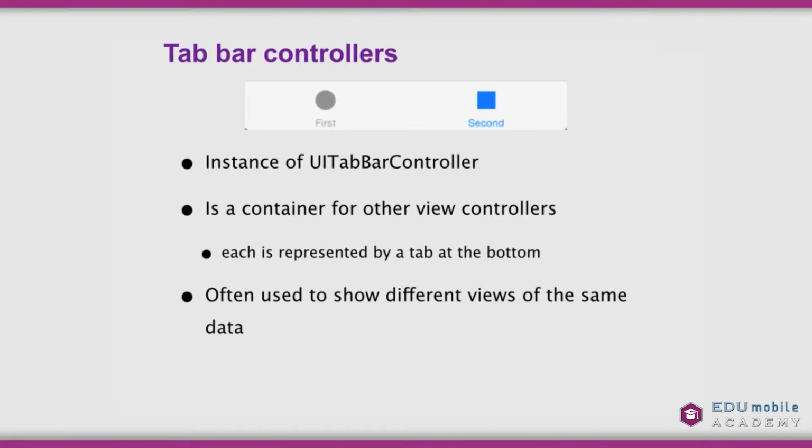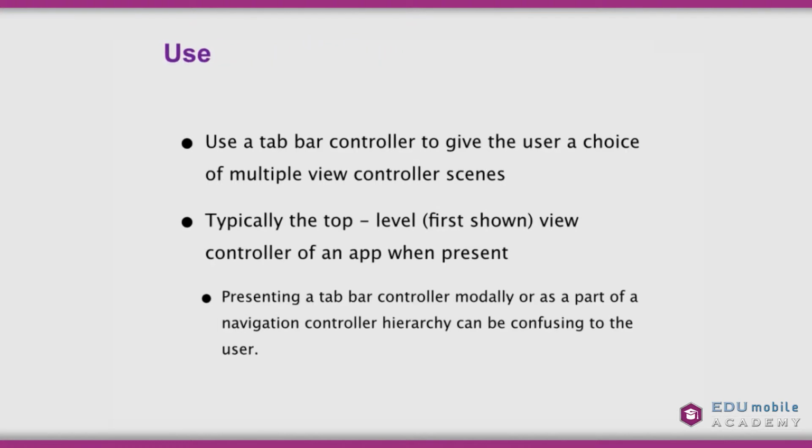Now, the tabs actually appear at the bottom of every view controller that is owned by a tab bar controller. The currently selected view controller is highlighted automatically for us. Tab bar controllers are often used to show different views of the same data, but they can be used anytime that we want to have a flat hierarchy of view controllers that the user can select any view that they want that is present in the tab bar controller at the bottom.